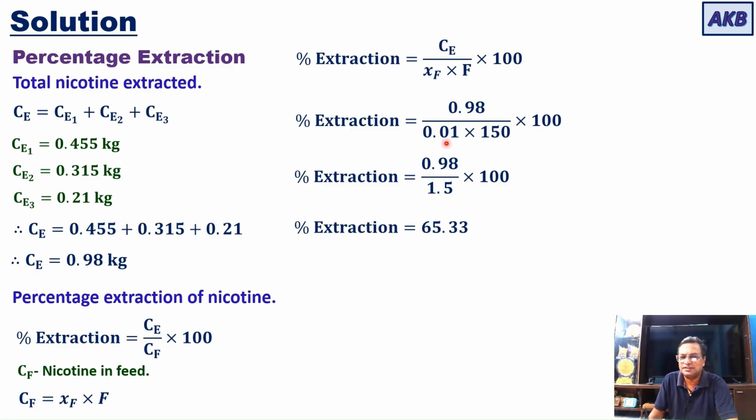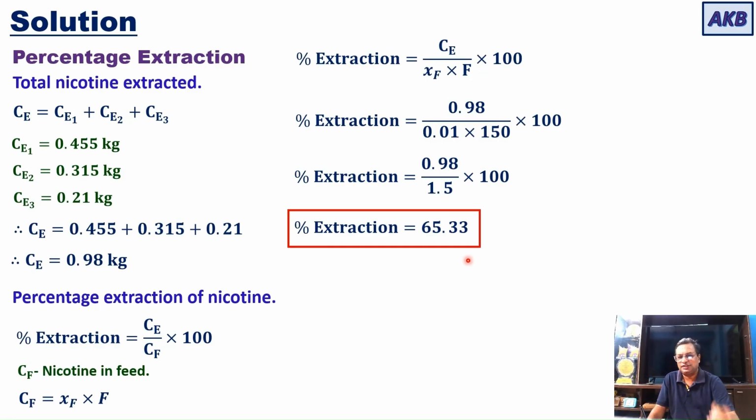Therefore, percentage extraction will be, Ce is 0.98, XF is 0.01 and F is 150. So percentage extraction will be 0.98 divided by 0.01 into 150 into 100, and that gives 0.98 divided by 1.5 into 100. Therefore, percentage extraction comes out to be 65.33.